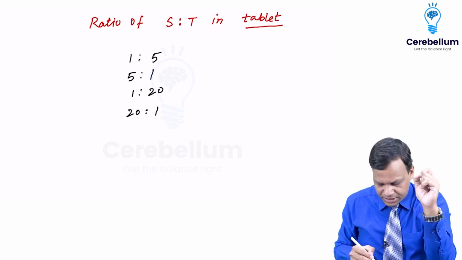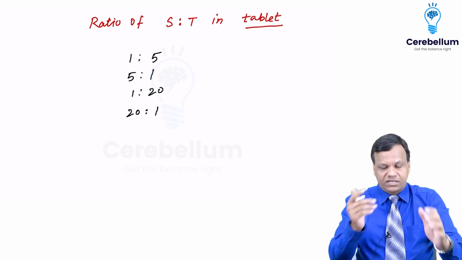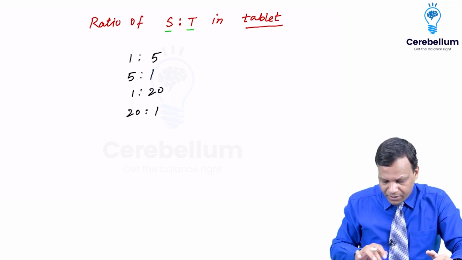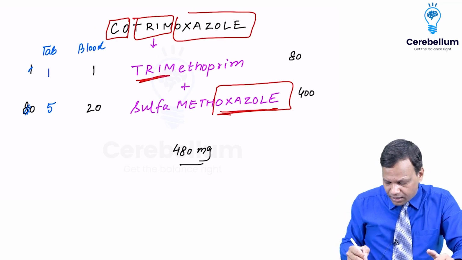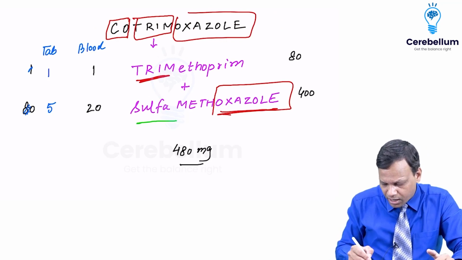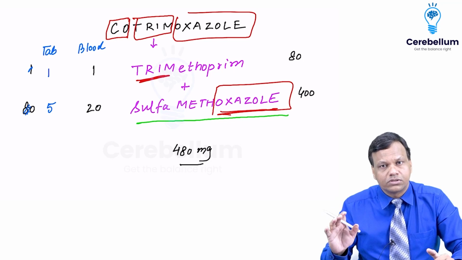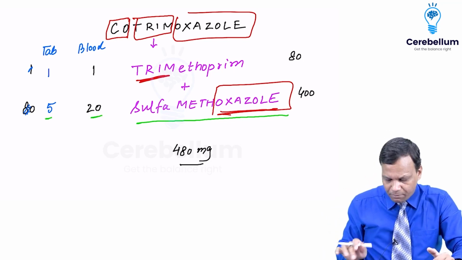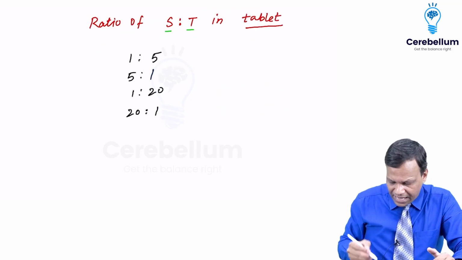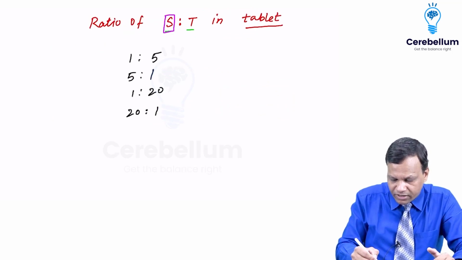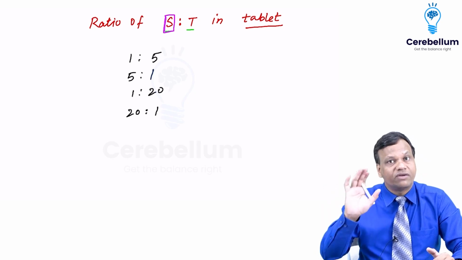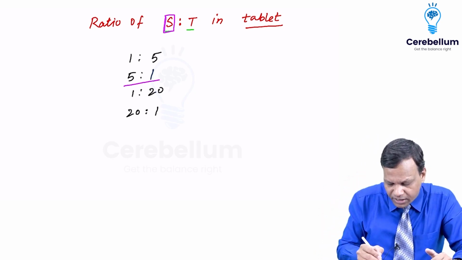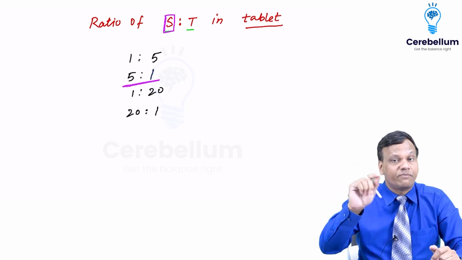So you need to see which ratio they are asking, whether S is to T or T is to S. Remember, sulfonamide is a longer name, so it will be more. Whether 5 or 20, it will be for S. Even easier to remember, S looks like 5. So sulfonamide will be 5. If it is S is to T, the answer will be 5 is to 1. If it was T is to S, the answer would have been 1 is to 5.